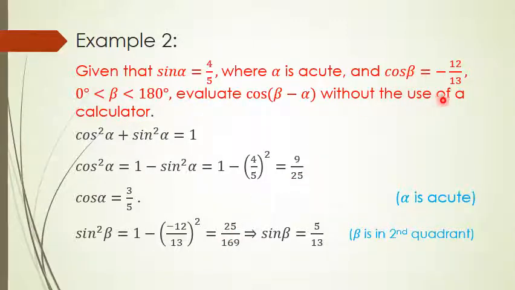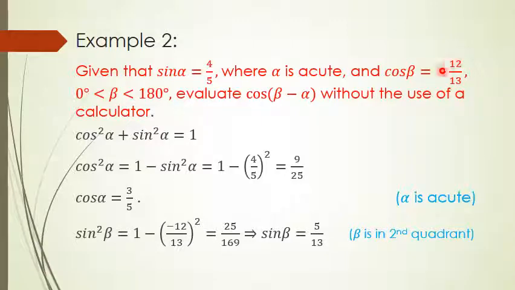Now going back here, we are told that beta lies between 0 and 180 degrees. This covers the first quadrant and the second quadrant, but we are guided by this sign here to conclude in which quadrant beta is. Since cos beta is negative, it is negative in the second quadrant.